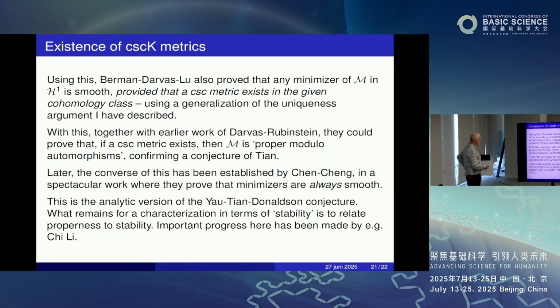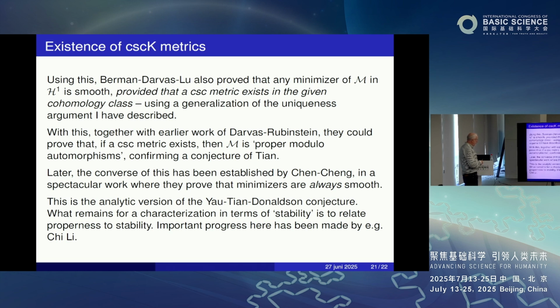And then they could also prove that any minimizer of the Mabuchi K-energy in this space, the completion of H under the L1 norm, has to be smooth. And that was under the assumption that you know that a smooth CSC metric exists in a given cohomology class.